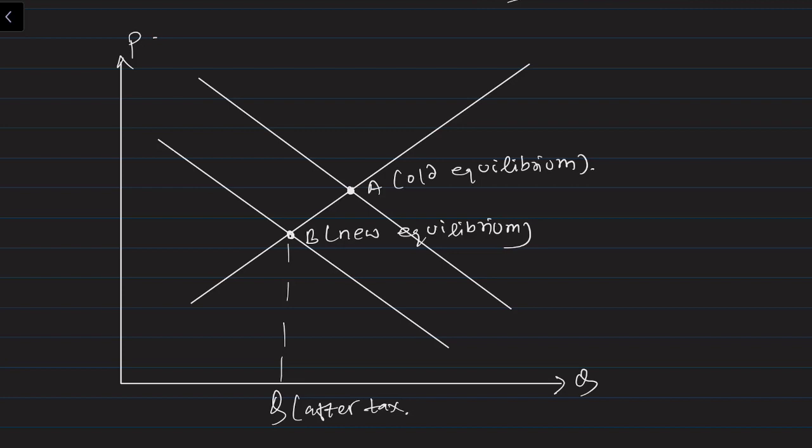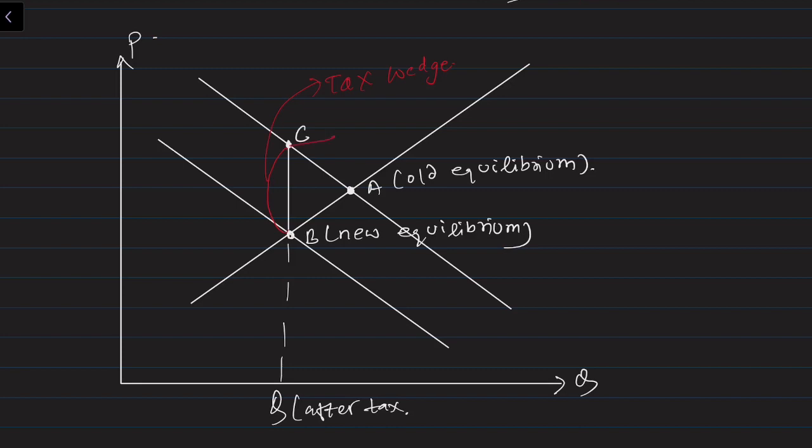Now, what is the amount of tax in this case? So again, you draw a line from this point on the original demand curve, and let's say this is C. So this is the amount of tax. We call this tax wedge. Okay, so this is the tax wedge. All right. Now, what is the price paid by buyers?